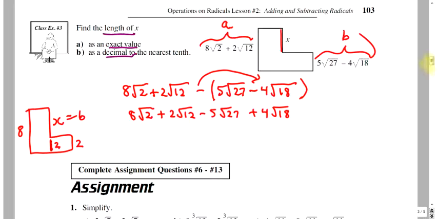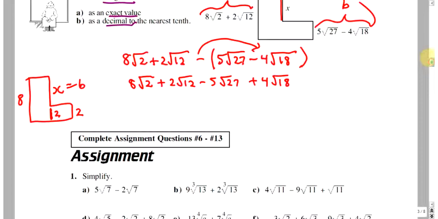Can we simplify this thing? Okay? 8 root 2's. Can I make that any smaller? Or is that fully simplified? Yeah. I don't know. There's no other perfect squares in 2. Is there a perfect square in 12? Yeah. I can take 4 out. Okay. So I have 8 root 2 plus 2 times root 4 times root 3, that's root 12, right?